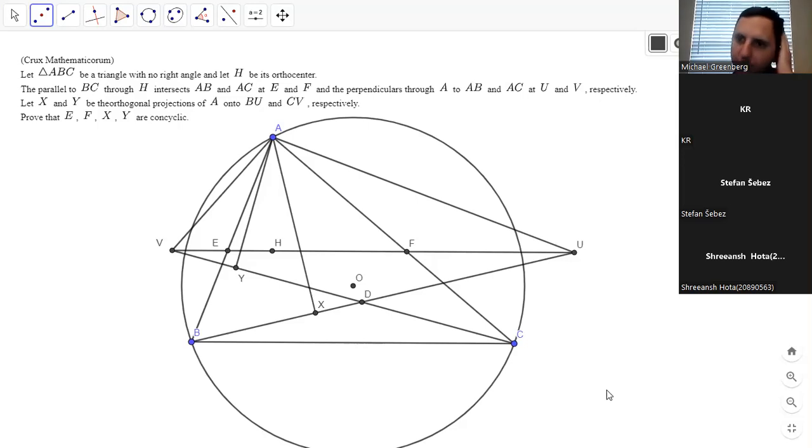Okay. But it probably makes it easier. Yeah. A lot easier. Okay. I feel like I've seen points U and V in a previous problem, but I forgot what I did with it.